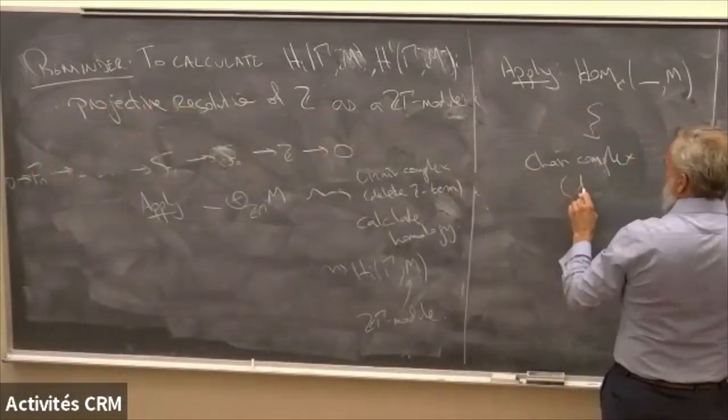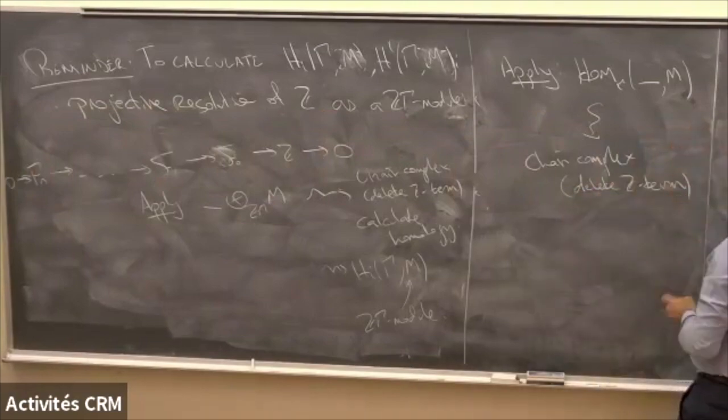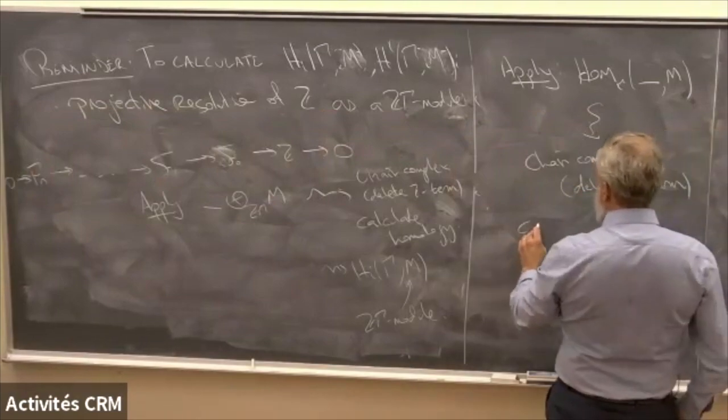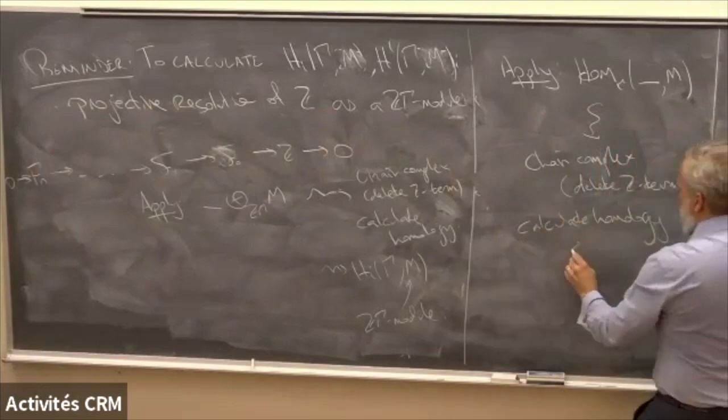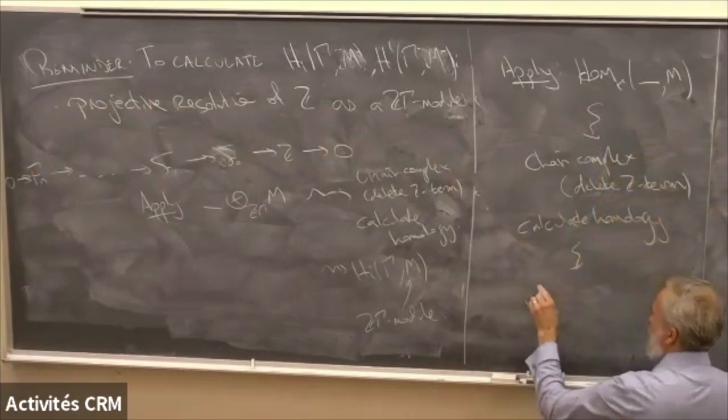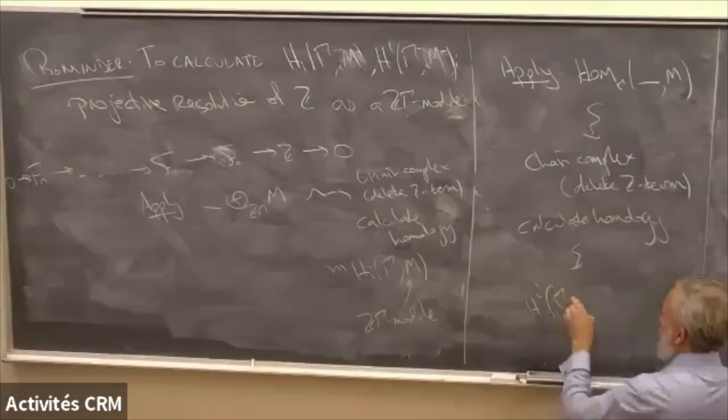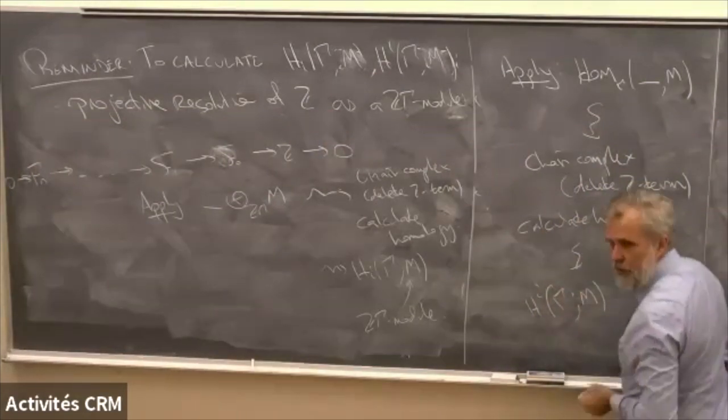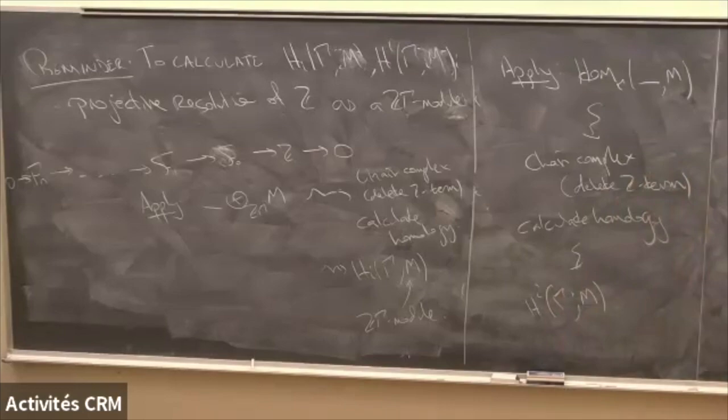So you get a new chain complex, you still delete the Z term, you calculate homology, and that's going to give you the cohomology of gamma with coefficients in your favorite Z gamma module M. This is all, for example, in the first couple of chapters of Brown on cohomology of groups. And it's going to give you the same thing as the calculation that you made with the K(gamma,1) using topology, if that's what you prefer.